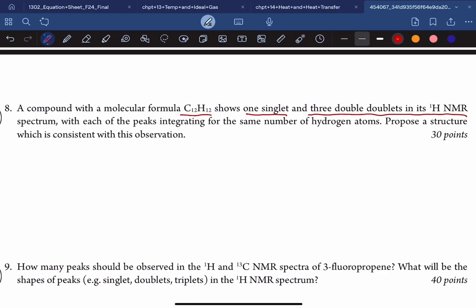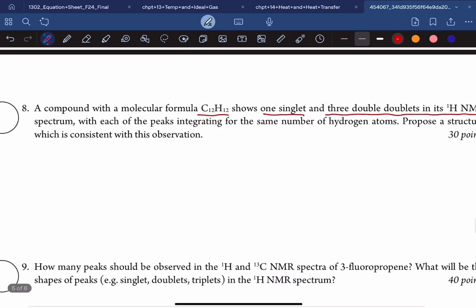So the first step is always going to be to get your degrees of unsaturation. If you're given a molecular formula, let's get your degrees of unsaturation first, okay? So how does the formula look?